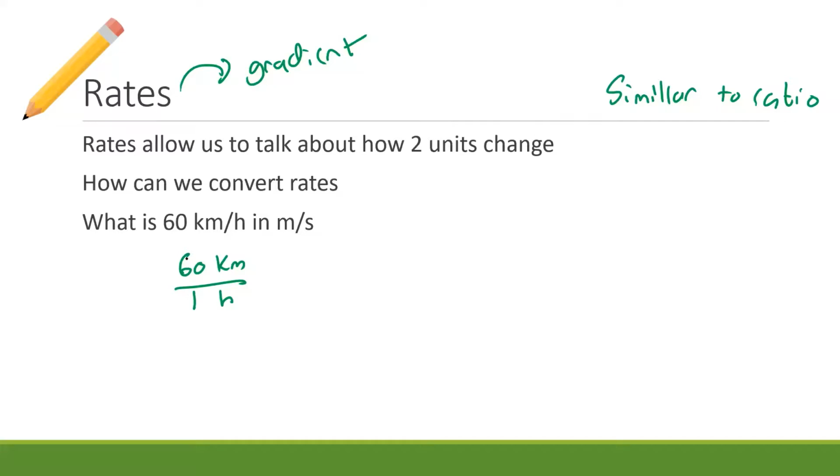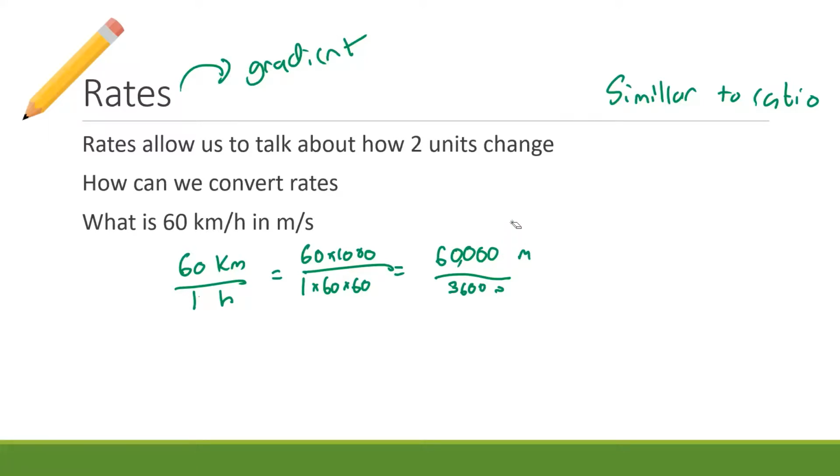So I can easily convert 60 kilometers by multiplying by 1,000 to turn that into 60,000 meters. And 1 hour, well, guess what? If I multiply that by 60 that gives you 60 minutes, times 60 again will be 3,600 seconds. So that's going to be 60,000 divided by 3,600 seconds.